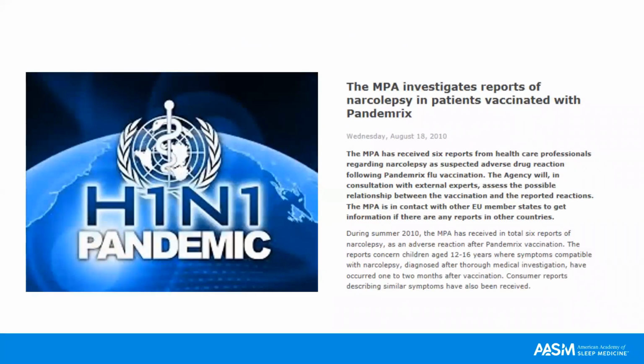And then this happened, which was the H1N1 pandemic, and very quickly there were H1N1 vaccines. Unfortunately, in August of 2010, after the 2009 flu season, the first reports came up suggesting that people were developing narcolepsy shortly after receiving a particular kind of H1N1 vaccine called Pandemrix, which was not, for what it's worth, what was used in the United States.